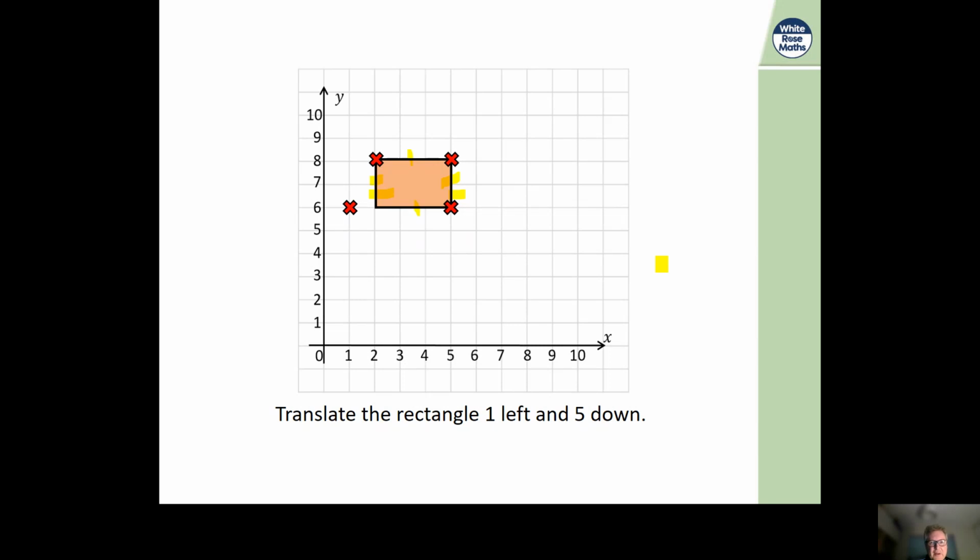So that would be a sort of interim or mid movement, and then eventually we want it to go there. So what we need to be practicing is moving it from here to here.